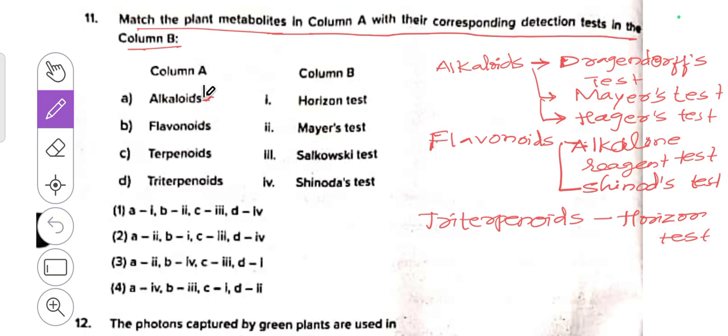So alkaloid, that is Mayer's test. Flavonoids, that is Shinoda's test. Triterpenoids, that is Horizon test. So A2, B4, C3, that is Salkowski test, D1. So 3 is the right answer.